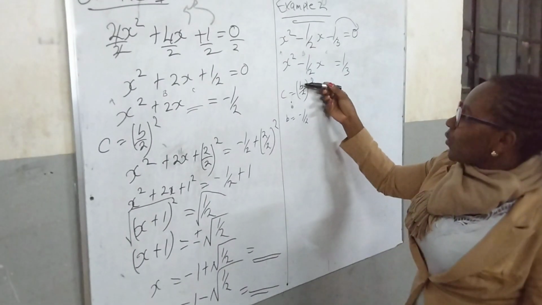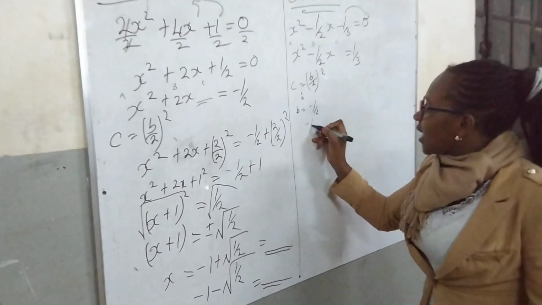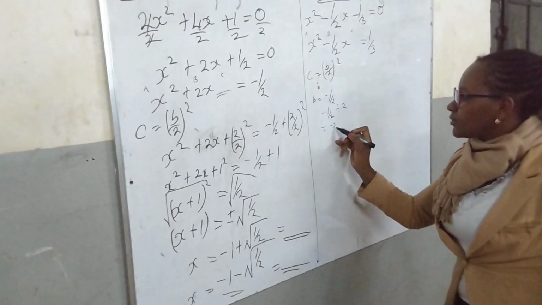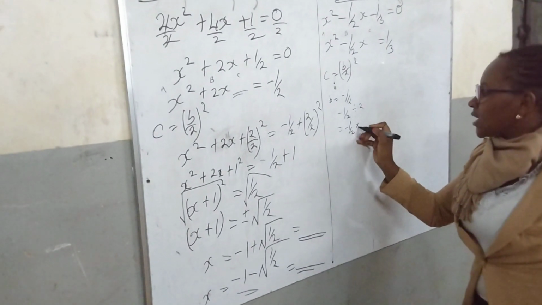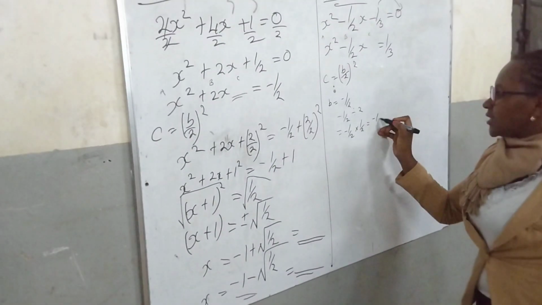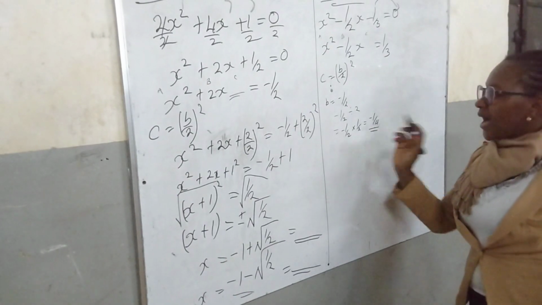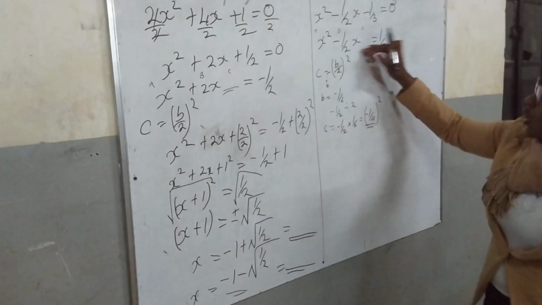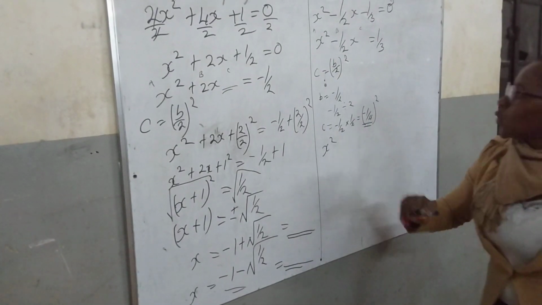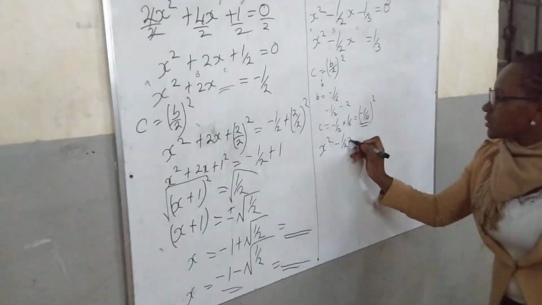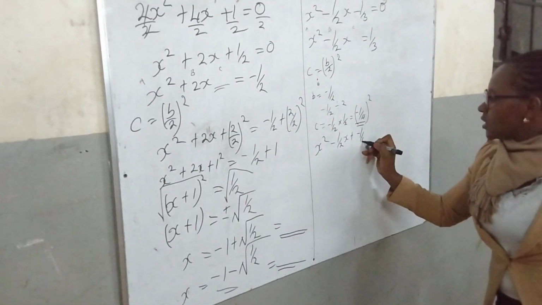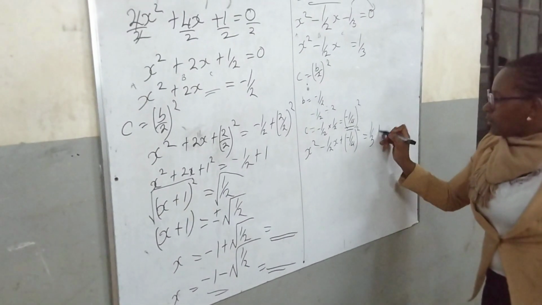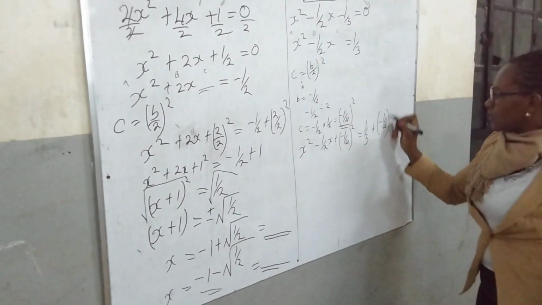So negative half divided by 2 means negative half times 1 over 2, to have negative a quarter as our c. But now we are supposed to square. So we have x squared minus half x plus negative a quarter squared is equal to a third plus negative a quarter squared.